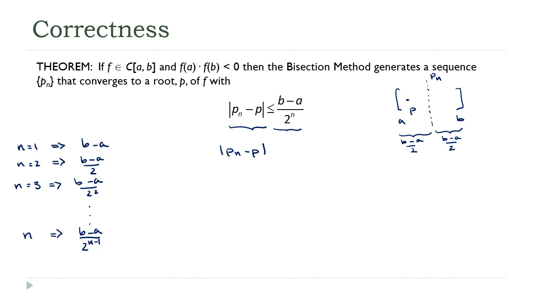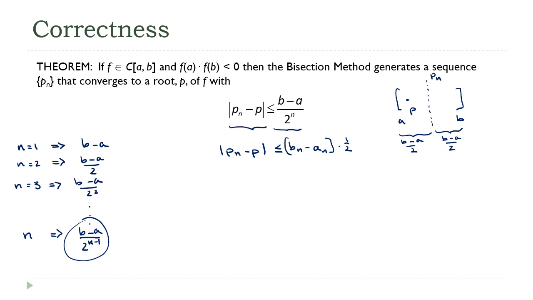Okay, so this is less than or equal to b sub n minus a sub n, those are the endpoints of the nth interval, times 1/2. Well, what do I know about the length of this interval? I know that it's equal to this, right?